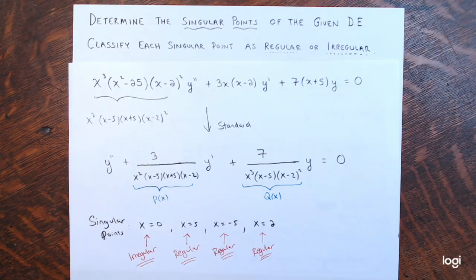And that's it. So hopefully watching me go over these 5 examples of second order linear equations with polynomial coefficients, hopefully you can identify singular points and whether or not those singular points are regular or irregular using that definition. And thank you very much for watching.